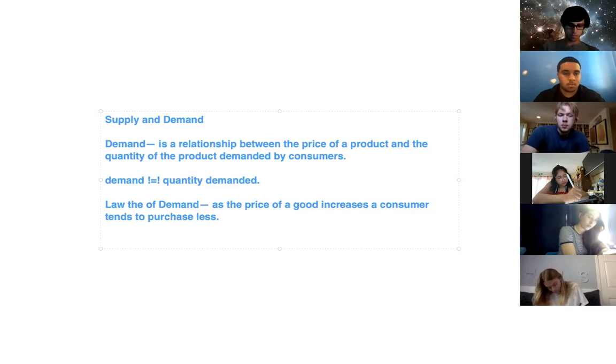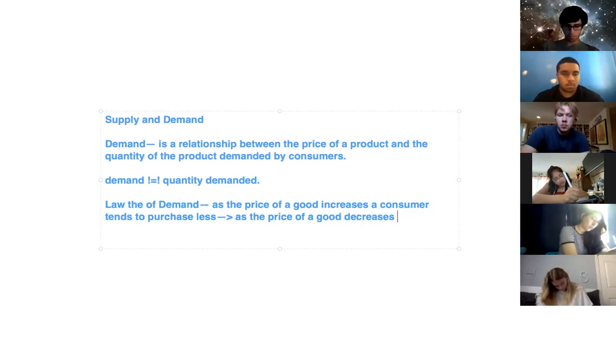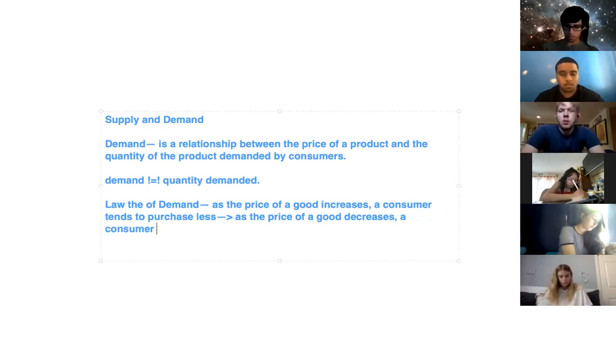But you guys probably also immediately see that that means also that as the price of a good decreases, a consumer, and maybe I should put a little comma in here, a consumer tends to purchase more of the good.